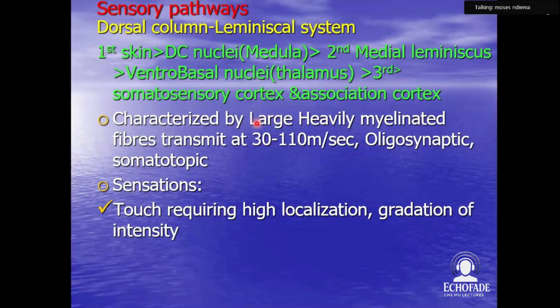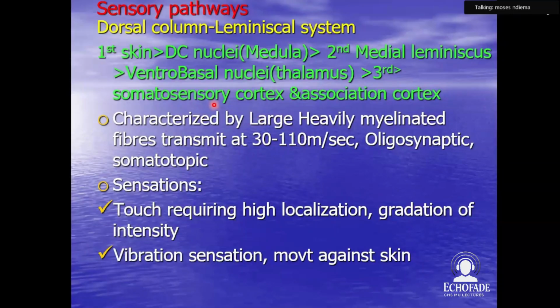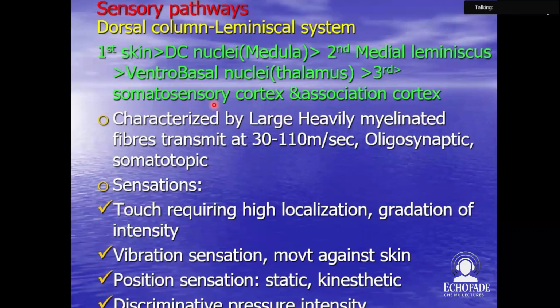So those form the second order neurons. But we'll be talking about those later on. So this is what represents the dorsal column: discriminative touch and fine pressure.